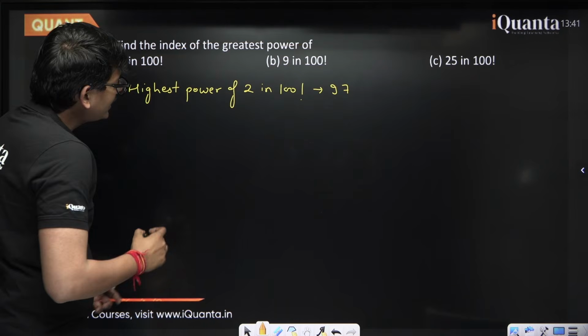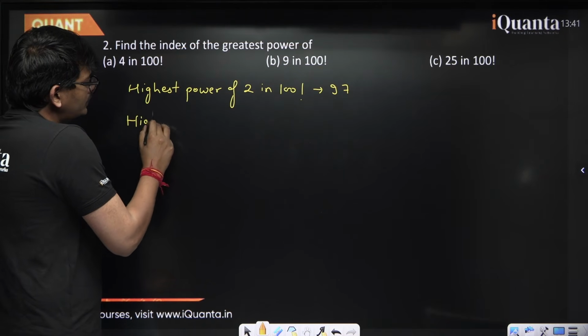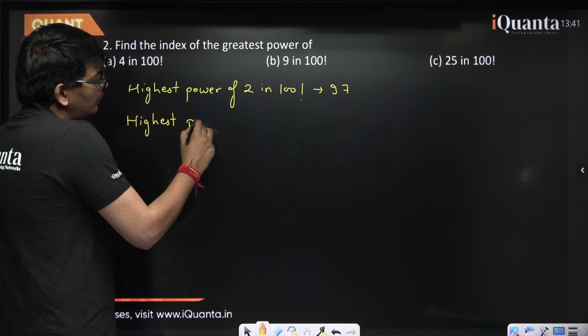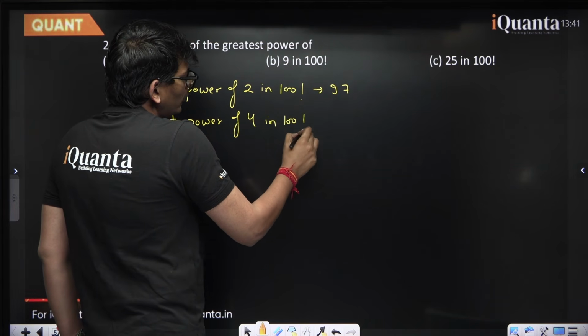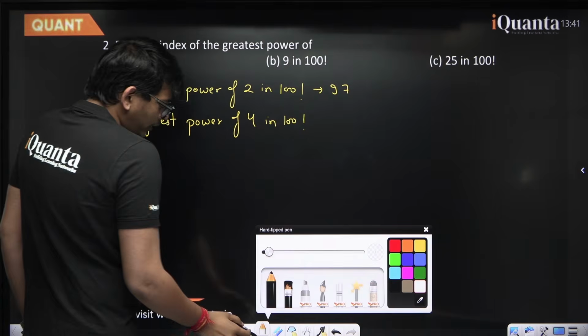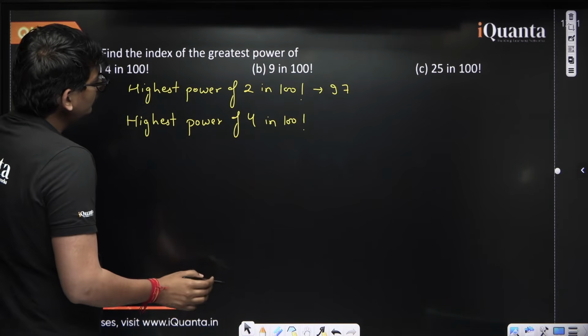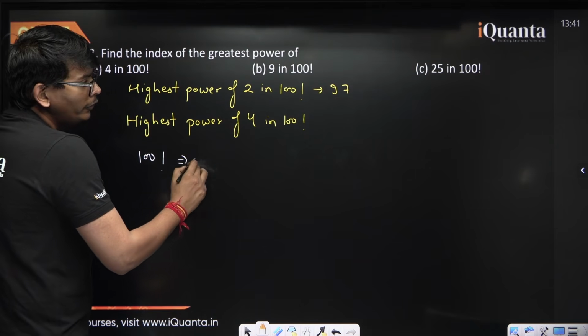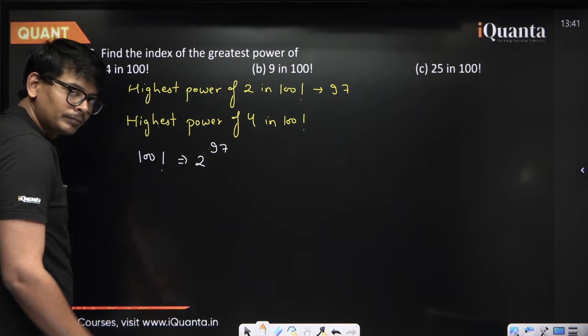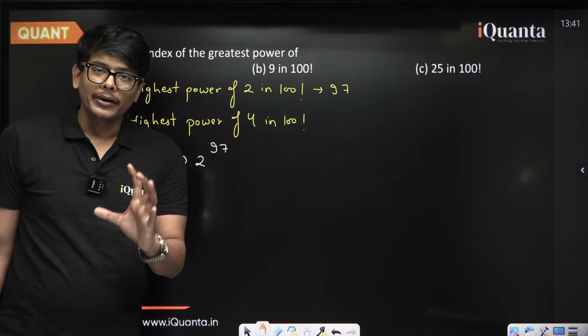Now the question says we have to find the highest power of 4. Now use your common sense. 100 factorial is basically 2 raised to the power 97. It contains 2 raised to the power 97.